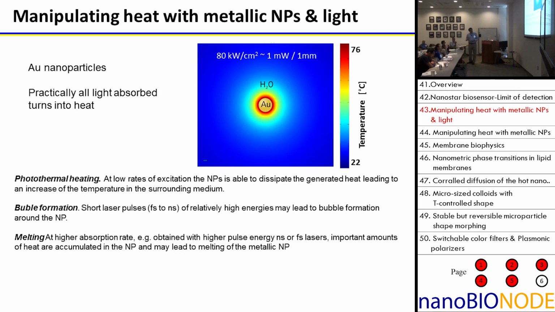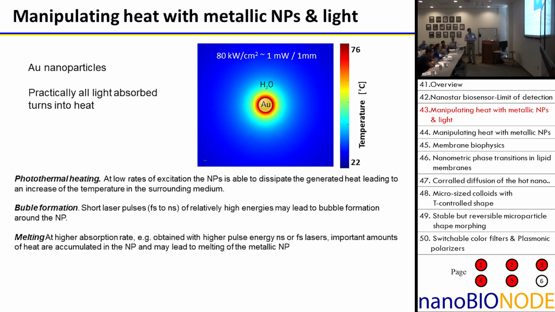Now, we can also use nanoparticles to convert light to heat. And so this heat that you generate on the nanometer scale can be potentially very useful, for example, for killing cancer cells, right?